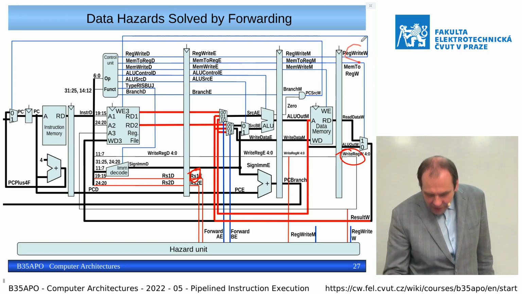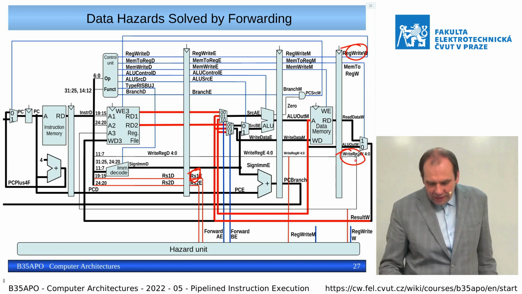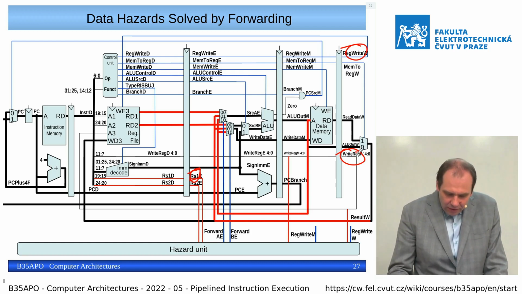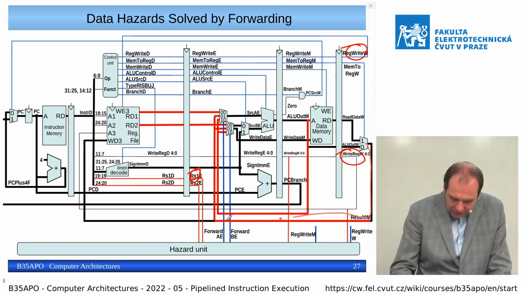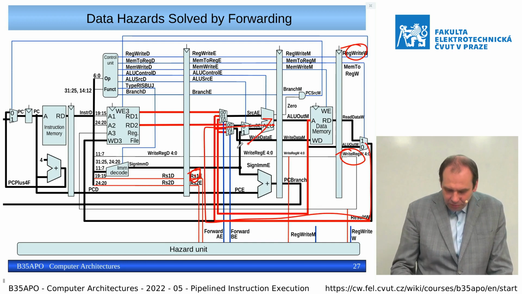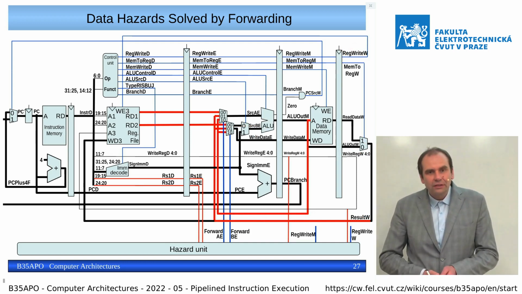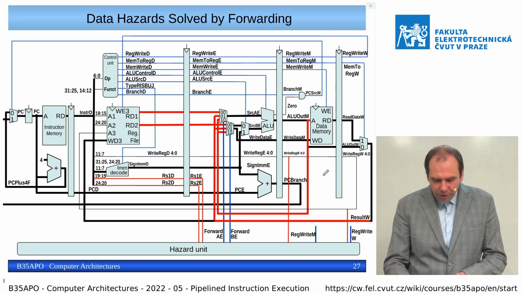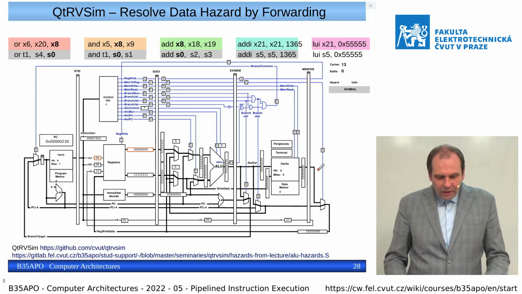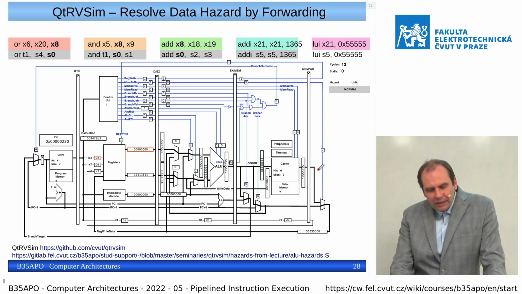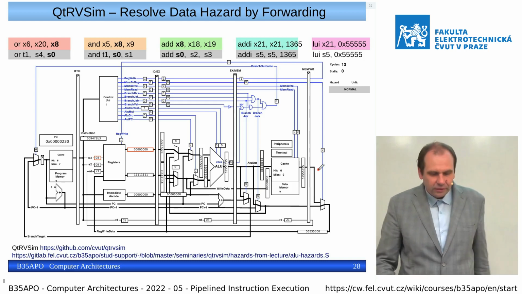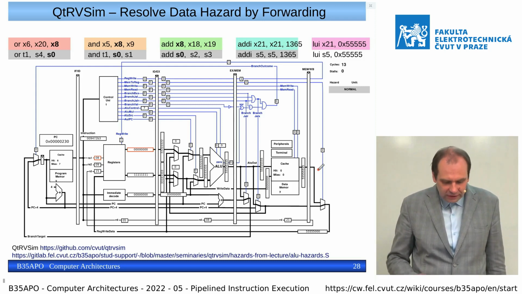And if there is a write active signal and the write register matches one of the sources, then we know that we need to forward the information this way to the input of the arithmetic logic unit. And this way we have resolved the problem of dependency between two arithmetic logic instructions. Okay, we expect in this case that the delay on the arithmetic logic unit is only a single clock cycle. When it is more clock cycles, it is much more complex.